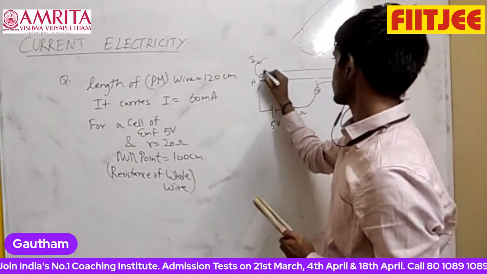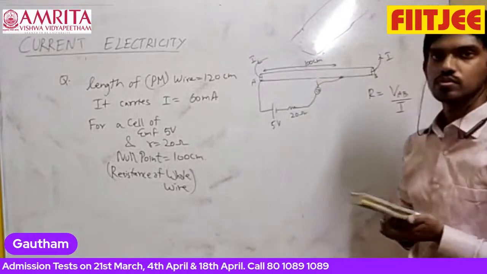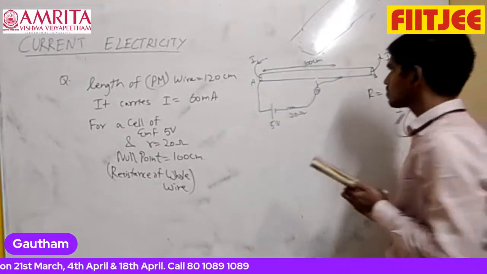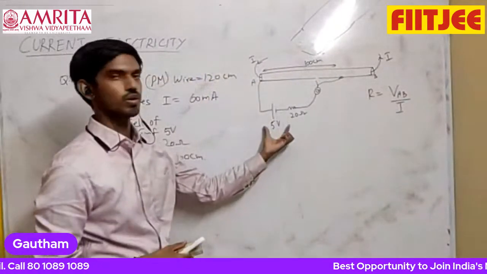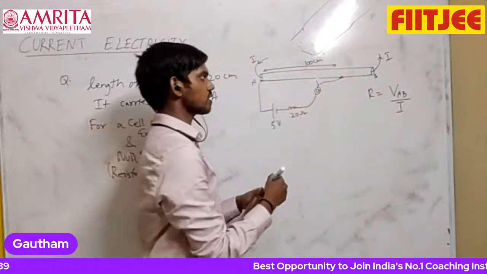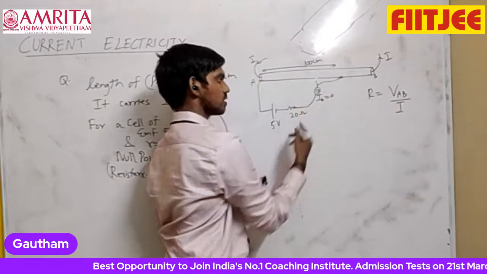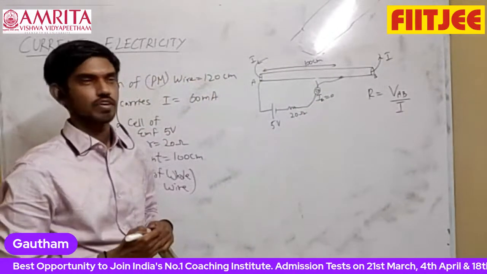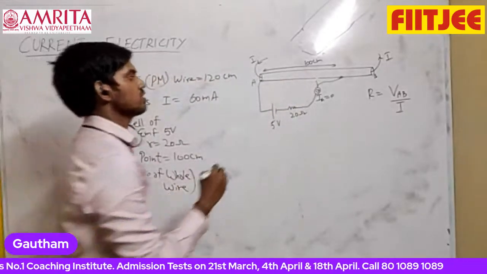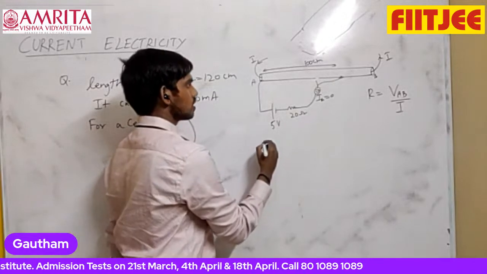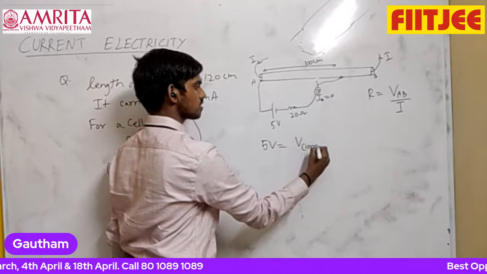This means the potential drop for 100 centimeters is equal to 5 volt, because we are getting a null point, so no current through the galvanometer. Internal resistance doesn't matter when finding the EMF of a cell by balancing length. So 5 volt is equal to the potential drop for 100 centimeters.